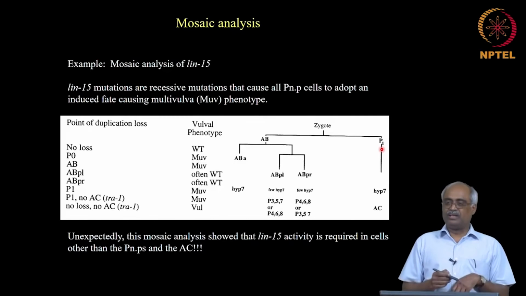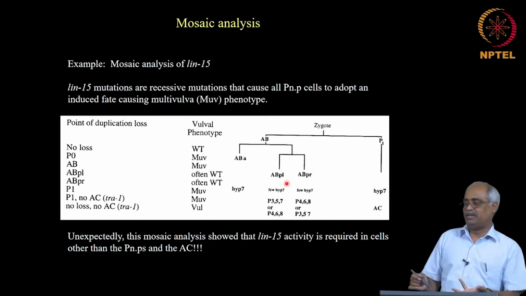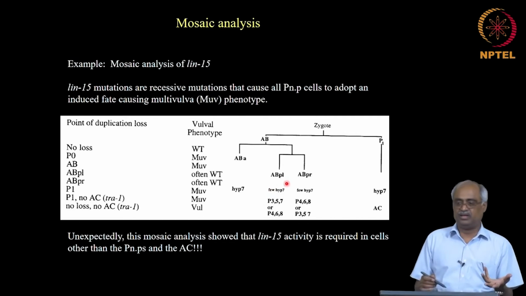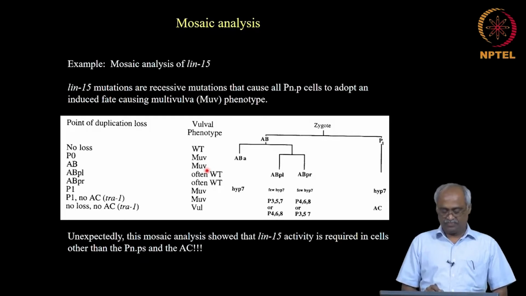Now, we look at another embryo where zygote was normal, P1 nucleolus was normal, but AB had an issue, and all the descendants will be from that AB. AB itself does not have the duplication, so none of the descendants will have it. Now, it is multivulva, indicating that its function is required in AB, or one of its descendants.